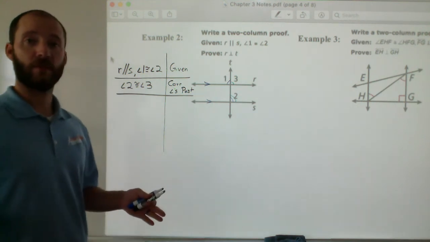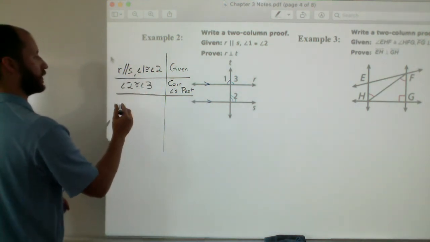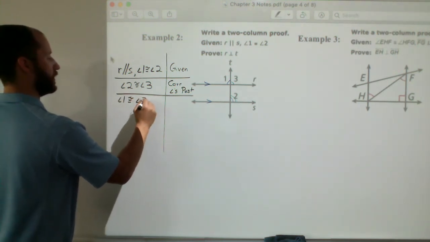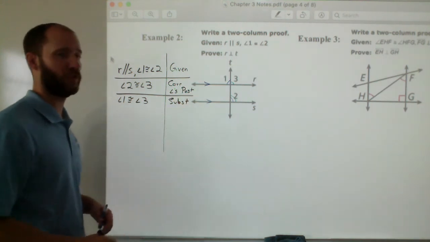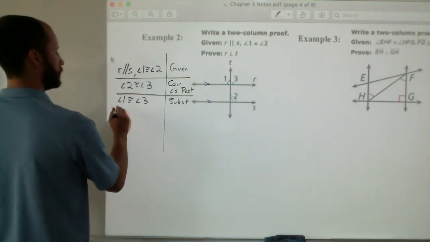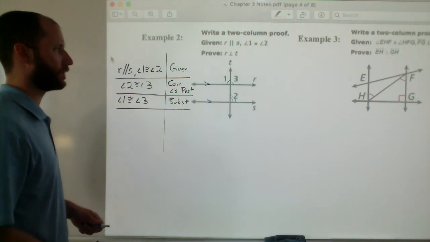Now, this is a move we've seen before. 1 is congruent to 2, 2 is congruent to 3, so it makes sense that angle 1 is congruent to angle 3 by some substitution. I'll go ahead and use substitution this time. Shake it up a little bit. So 1 is congruent to 3.